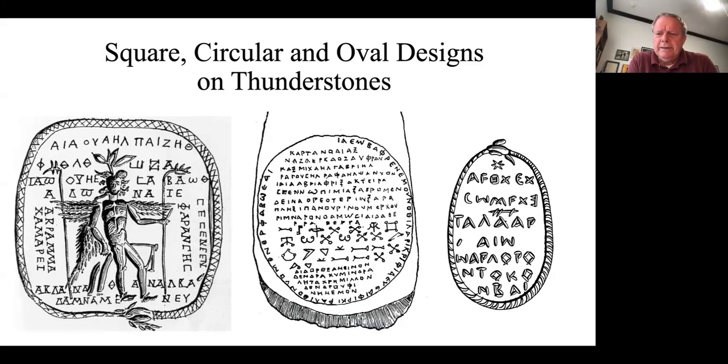I don't think so. And I will say that these thunderstones were used to protect individuals and houses from lightning strikes, but also from the fires that resulted from them, because fire in antiquity was a very dangerous thing.